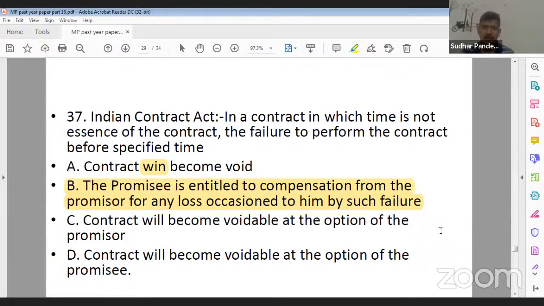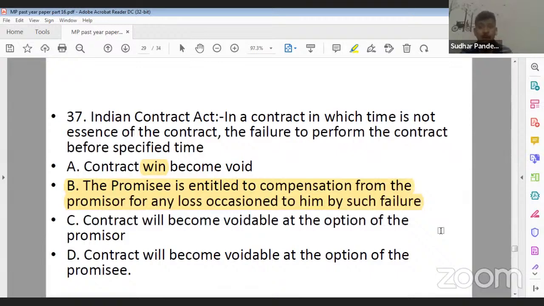Ankita ji, you can wait, this is what I'm discussing only for you, where time is not of the essence. So in that case, what will happen? Suppose the party doesn't perform his part of the promise within a reasonable time. Then the contract will not become voidable or void.